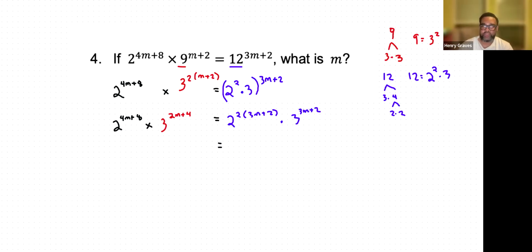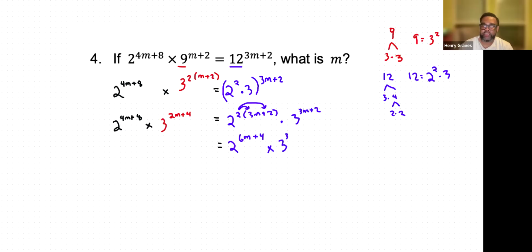So this is going to be 2, and I'm going to distribute this across like so, right? That's going to give me 6m, because 2 times 3m is 6m, and 2 times 2 is 4. Times 3 to the 3m plus 2.